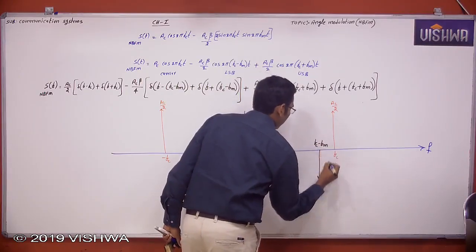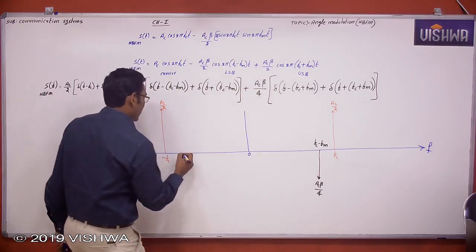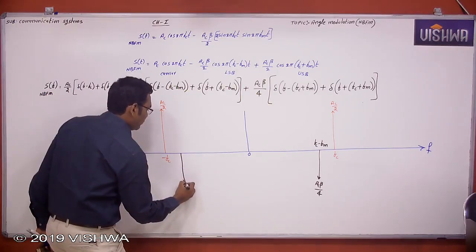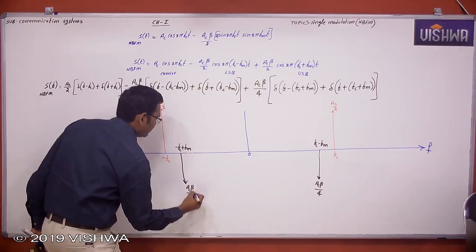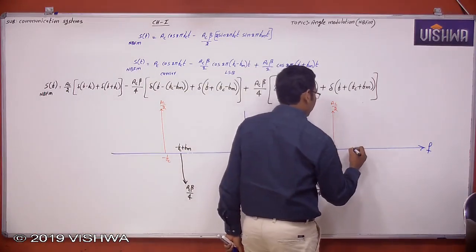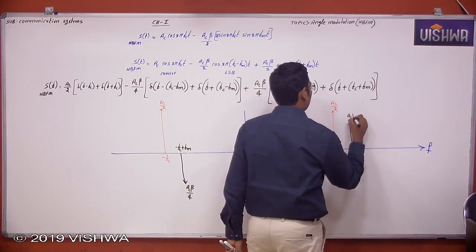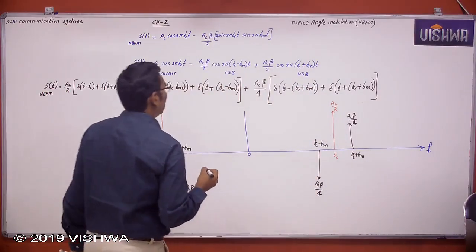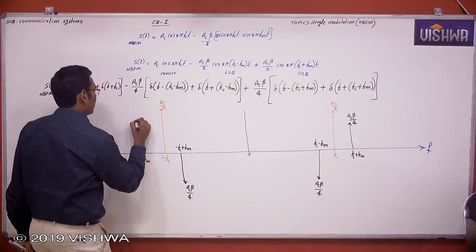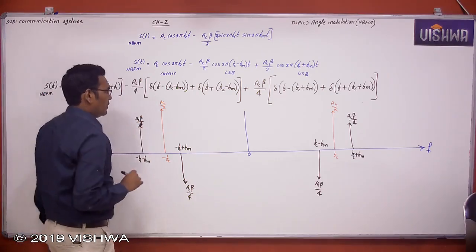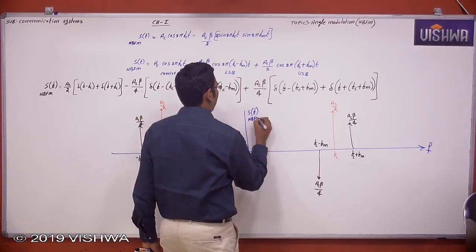Minus 1 means 180 degrees, with amplitude Ac beta by 4. f equal to minus fc plus fm, Ac beta by 4. f equal to fc plus fm, Ac beta by 4. f equal to minus fc minus fm, Ac beta by 4. Now this is the narrowband FM spectrum.